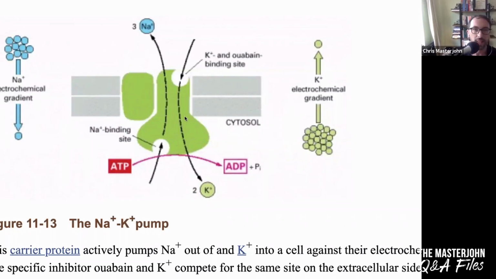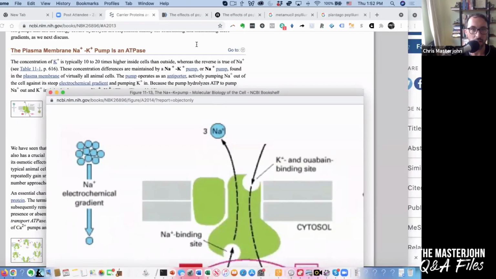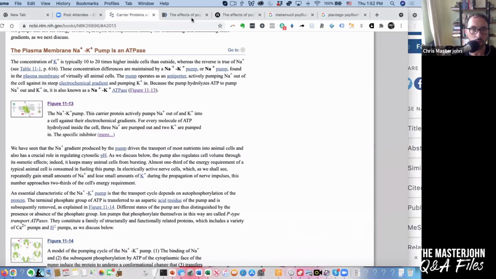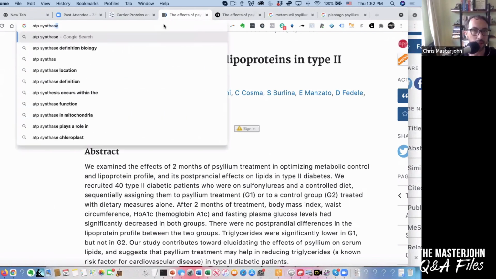Actually, you know what? I'm going to bring up, just to sort of complete this analogy, a diagram of, let's see, ATP synthase.